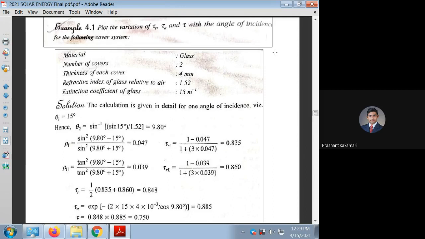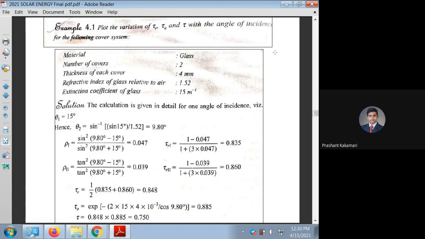See now, plot the variation of tau r, tau alpha, and tau. Now in this problem, they have not asked tau rho. Means now they are talking about all three phenomena. Tau r is the transmissivity after reflection and refraction phenomena. Tau alpha is after absorption phenomena through the glass covers.